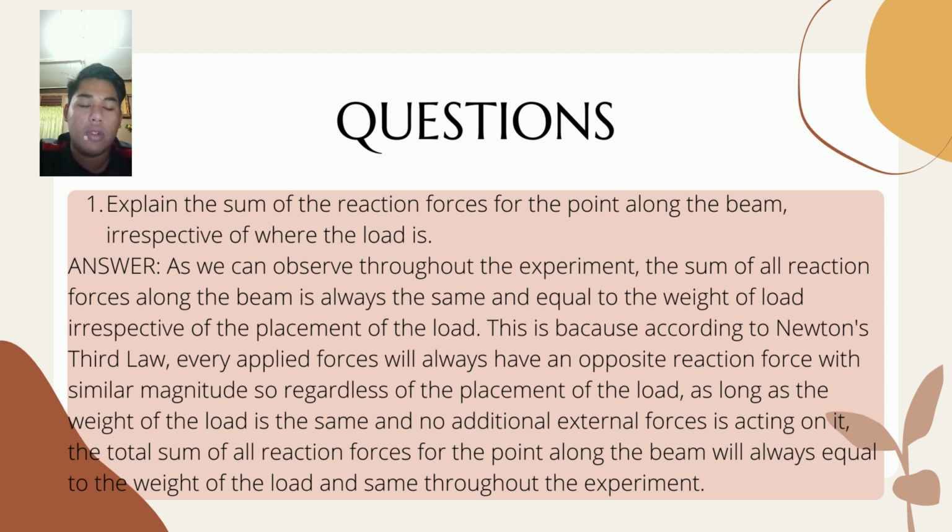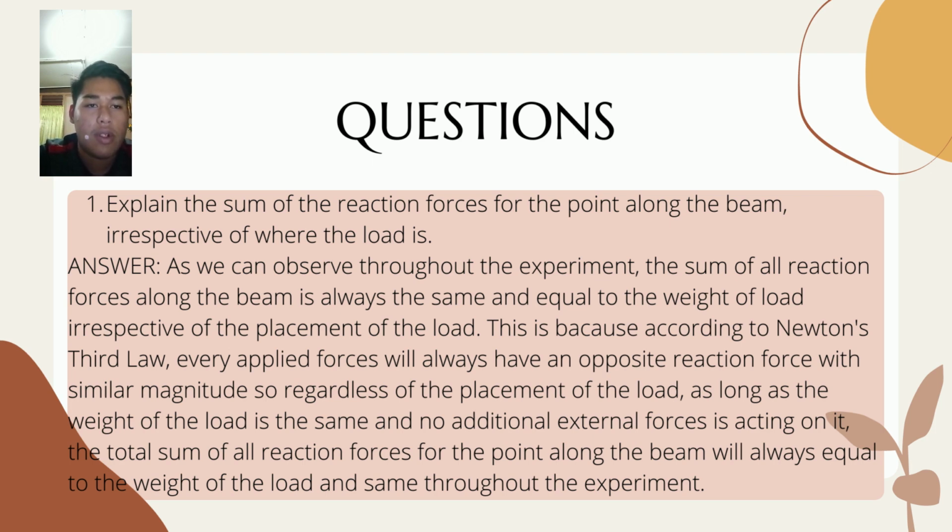So first question is explain the sum of the reaction force for the point along the beam irrespective of where the load is. As we can observe throughout the experiment, the sum of all reaction force along the beam is always the same and equal to the weight of load irrespective of the placement of the load. This is because according to Newton's third law, every applied force will always have an opposite reaction force with the similar magnitude.